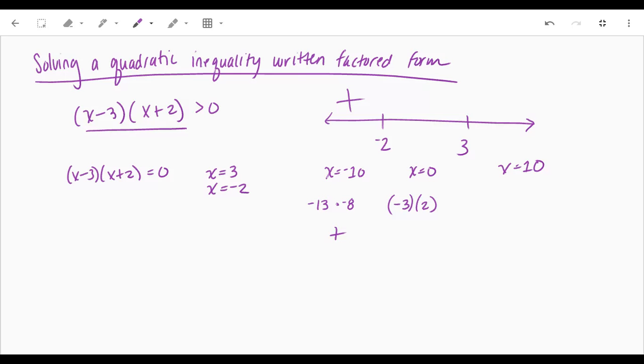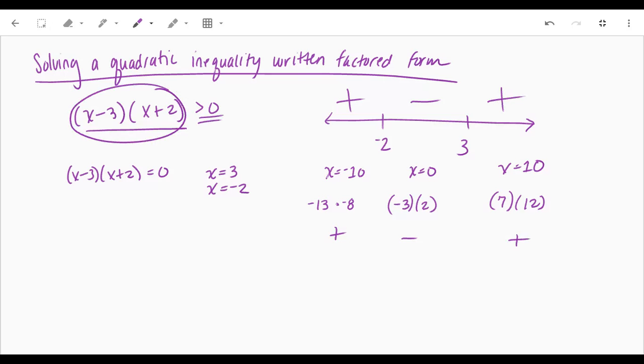And again, all I care is that it's negative. Okay. And then x equals 10. 10 minus 3 is 7. 10 plus 2 is 12. Positive times a positive, that's going to be positive. Okay. I'm looking for where this expression is greater than 0.